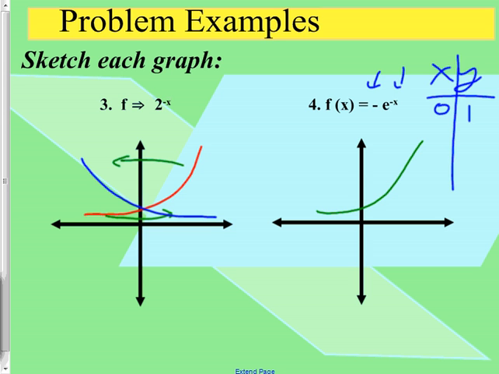But after that, if you put in 1, you get e to the 1, which is 2.718. So the 1 point that would be very easy to graph is if you stick in 1, you get 2.718. This is for the parent now. So maybe I should be making mine a little steeper than that for the parent.